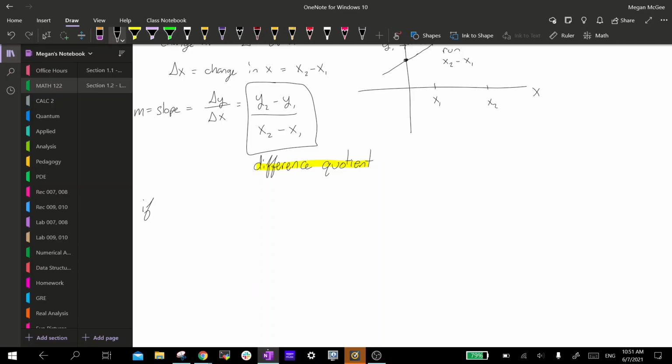If we are given a data table, and we want to determine if the data could be from a linear function, we need to determine if the given data could come from a linear function.